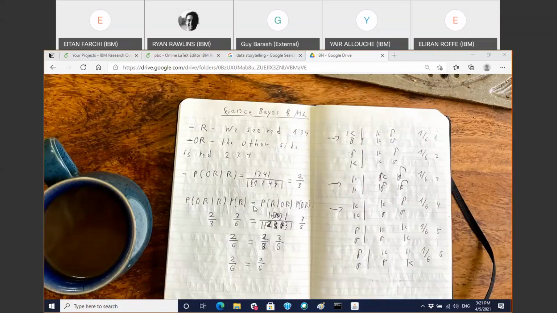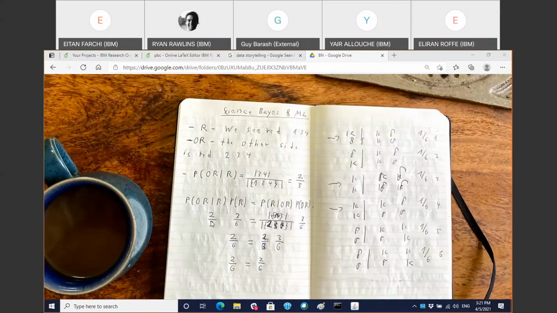So let's have a look here and see what these different probabilities are. We've seen that given that the top is red, the probability that the other side is red is 2/3.